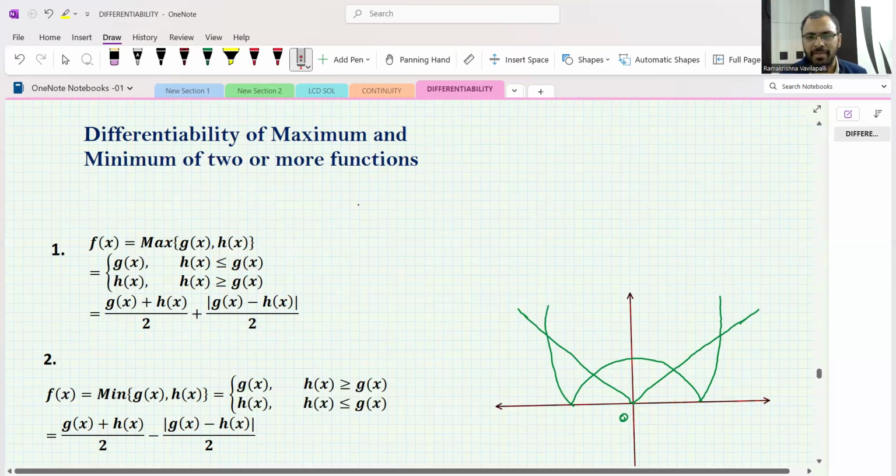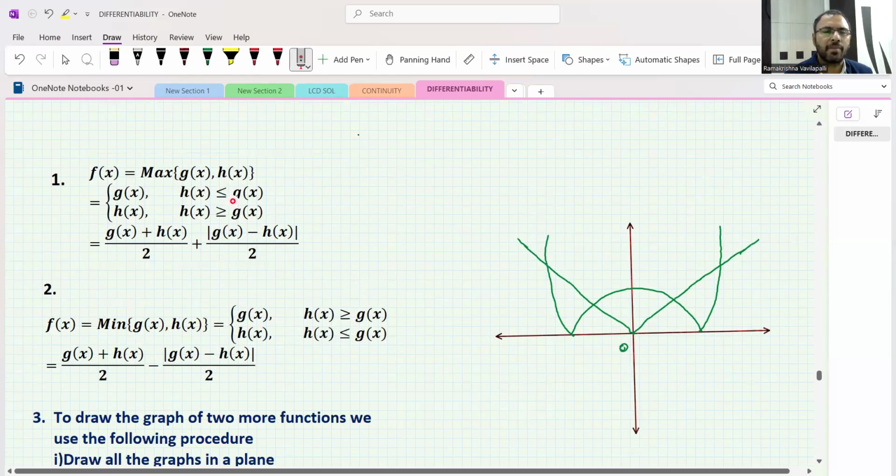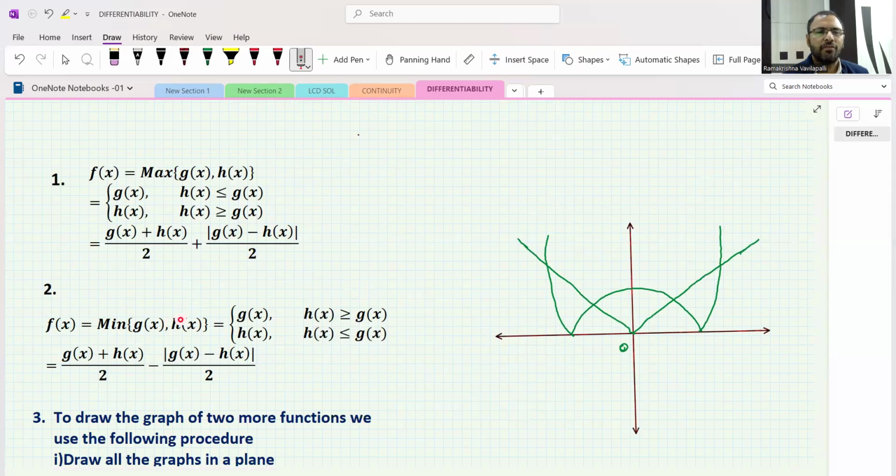In a similar manner, we can define the minimum of two functions. Same way, we write g of x as the minimum if g of x is lesser than h of x. And we write the minimum is h of x if h of x is less than or equal to g of x.